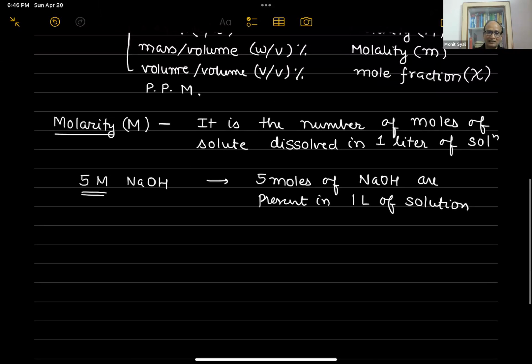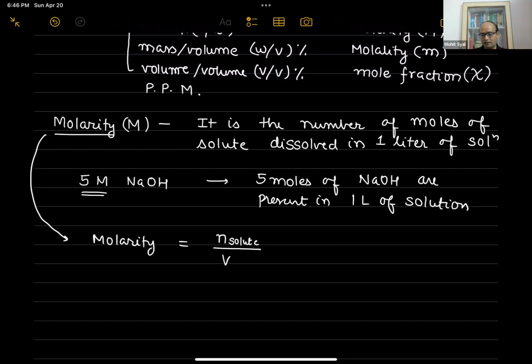What is the formula? As you said the formula very correctly. The formula for molarity, Marwa and Ayesha, is molarity equal to number of moles of solute divided by volume of the complete solution in liters.